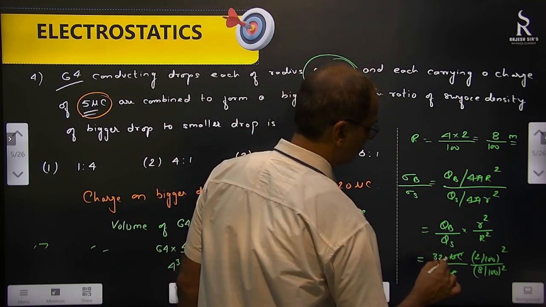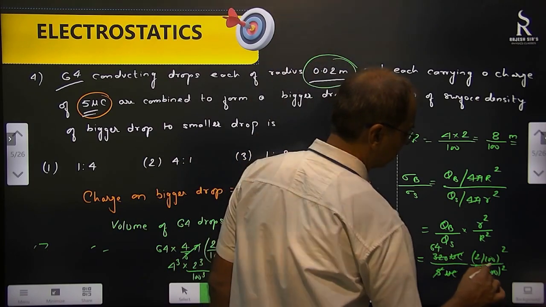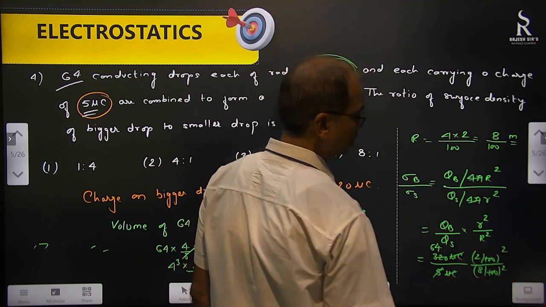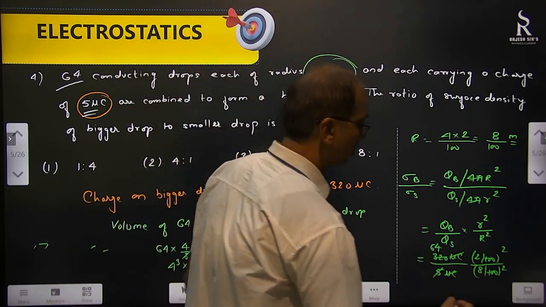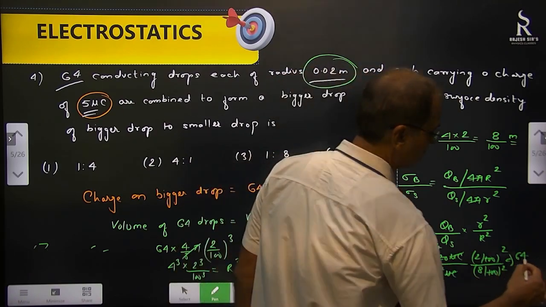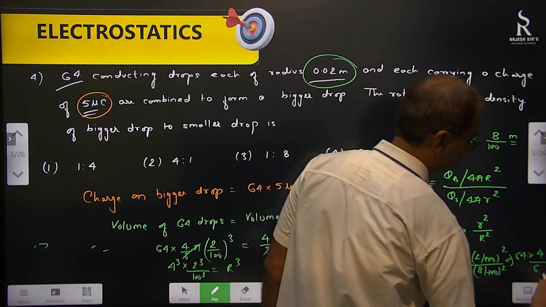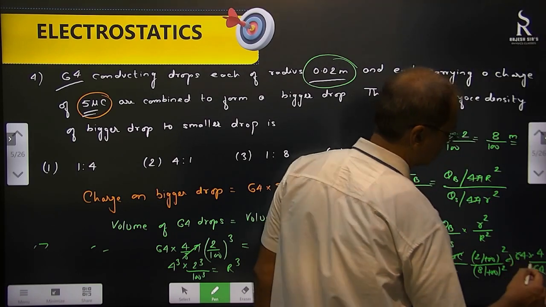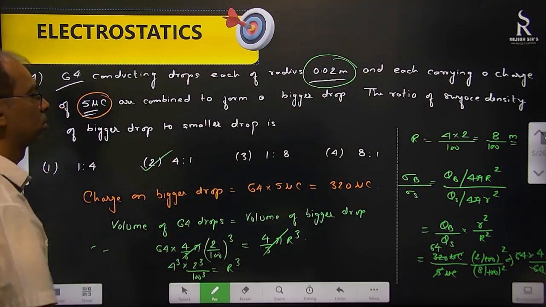And this is actually 64. This 100 and 100 cancelled here. Then what we have? 64 is this side. Here is 2 square, 2 square means 4. And here is 8 square, 8 square means 64. So 64 into 2 square, which is 4, by 8 square, which is 64. The 64 and 64 cancelled. What we are getting? 4. So the answer is 4.